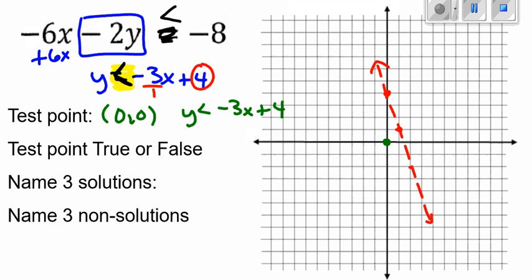If I plug in 0 for y and 0 for x, that's going to give me 0 is less than 4. Okay, so since my 0, 0 point works, because 0 is less than 4, I am going to shade the side of the line that 0, 0 is on, which is on this side.